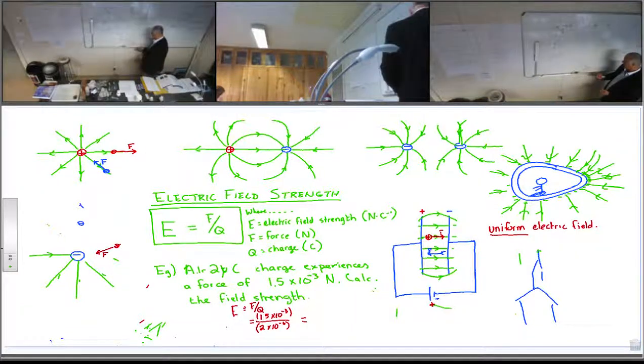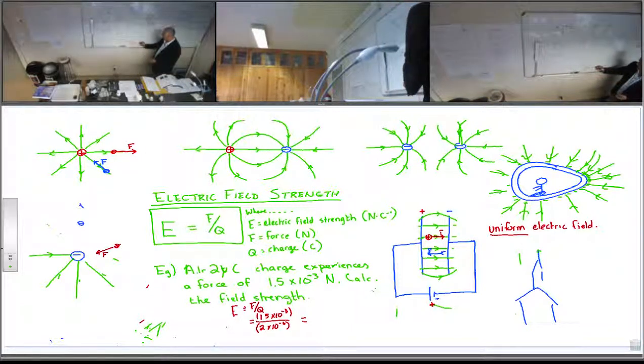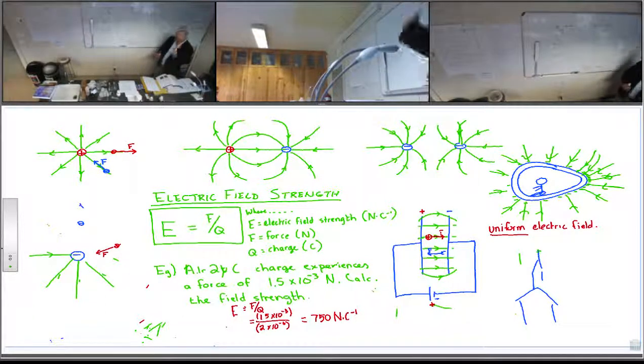Right, and that's going to give you an answer of 7.5? Is that all? Is electric field strength a vector or a scalar?